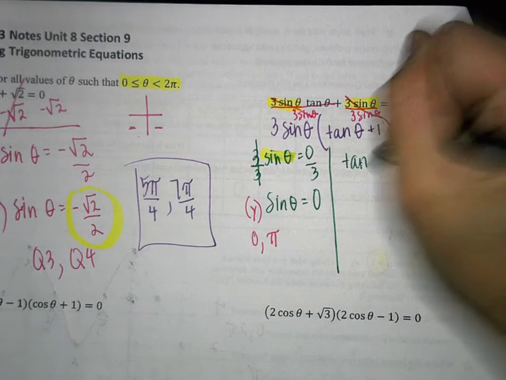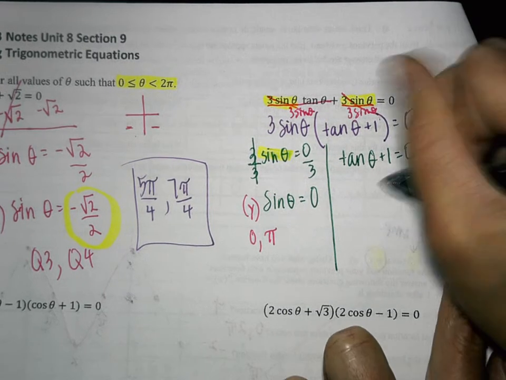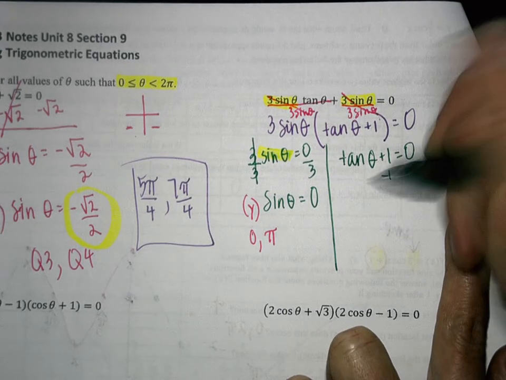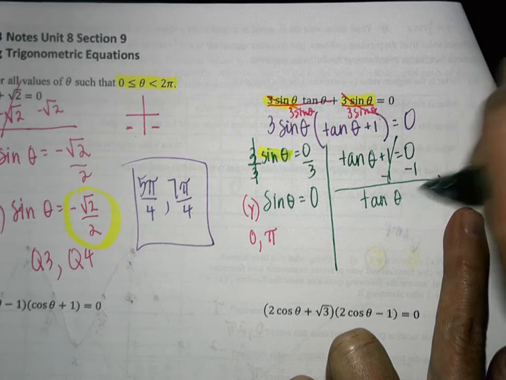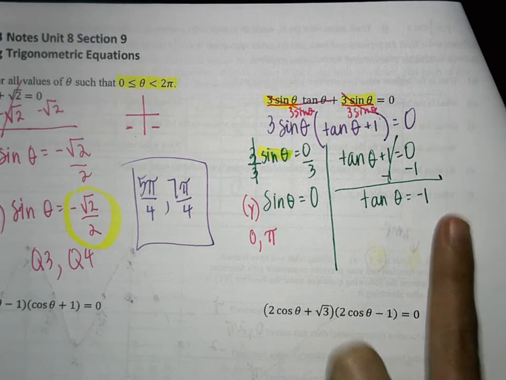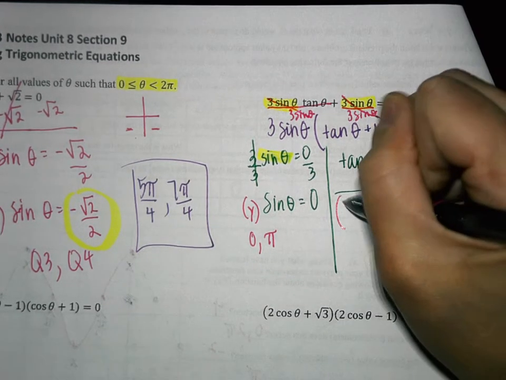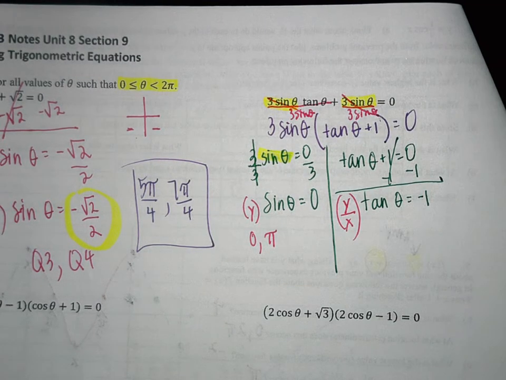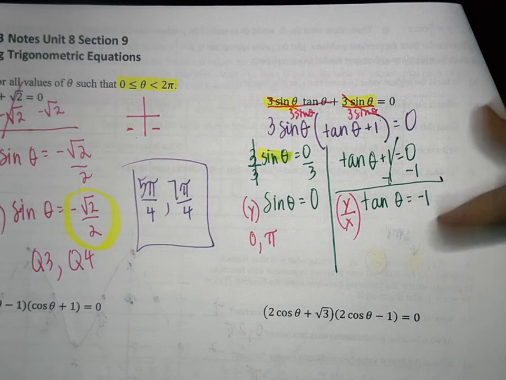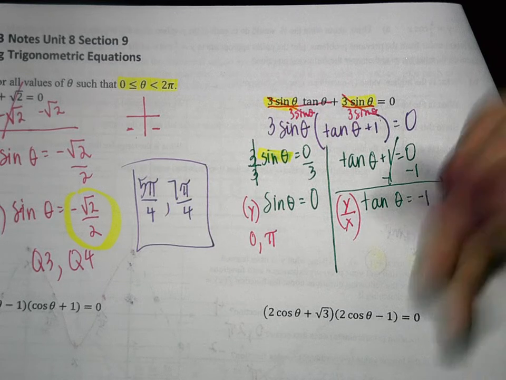But we're going to have another part here for tangent. So now I have tangent of theta plus 1 equals 0. We subtract 1 to both sides, and I have tangent of theta equals negative 1. Now, tangent's a little different than sine and cosine because tangent is y over x. Also, we have tangent is negative 1, so we need to figure out where is tangent negative.